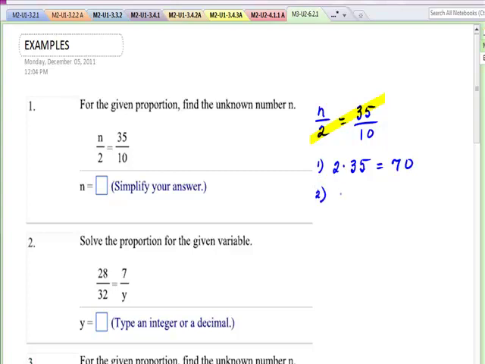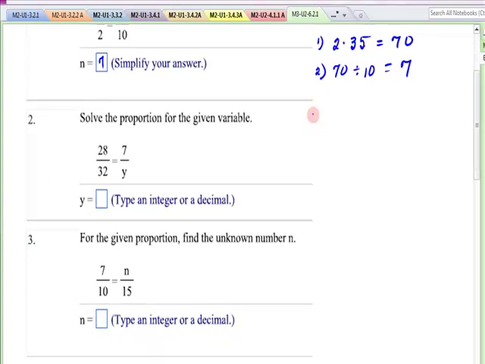Step number 2, take the 70 that you just got and divide it by the number you haven't used yet, which is 10. That will give you the number that n should be, and in this case it's 7. N is 7, and you could check it by looking at your cross products.